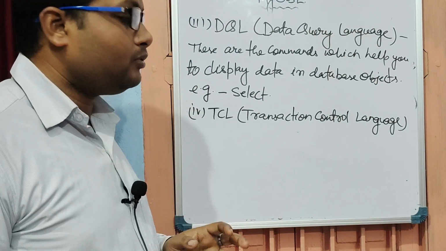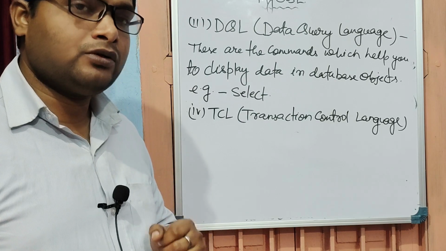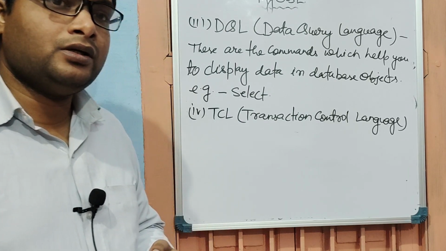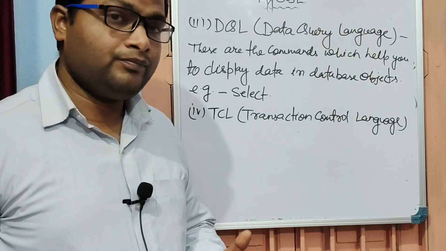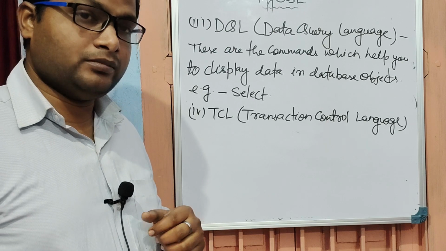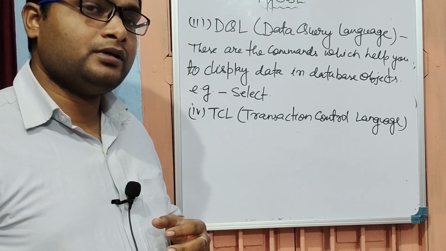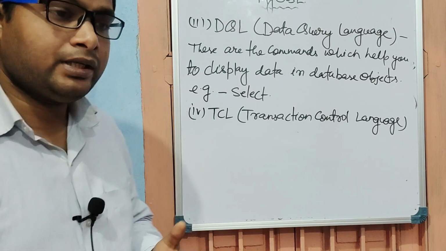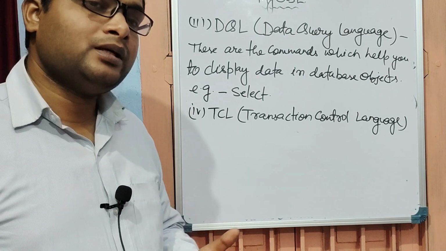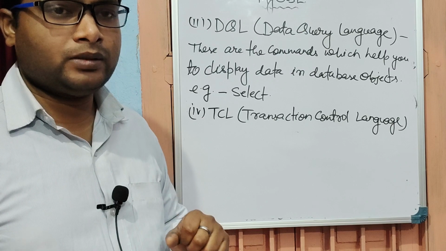Suppose you have withdrawn money from a bank account and sometimes money is not withdrawn, but the message that the amount is debited from your bank account comes to you, but after some time that money is credited back in your account. Why does this happen? Because the whole transaction is not completed.